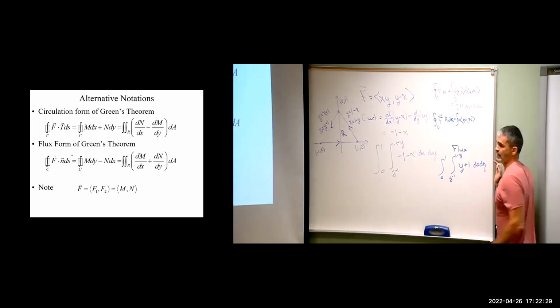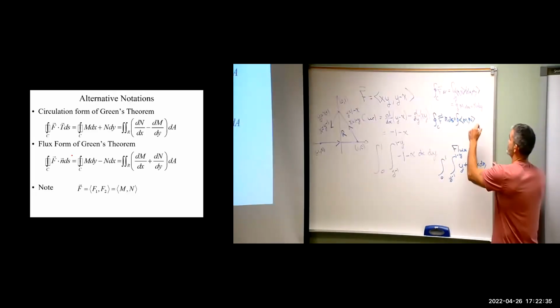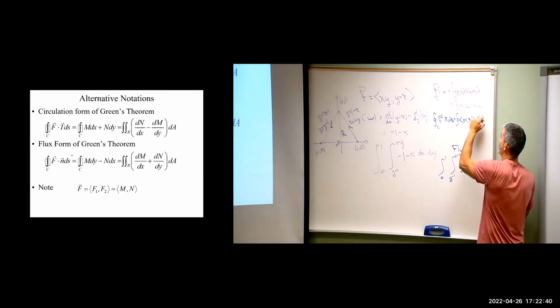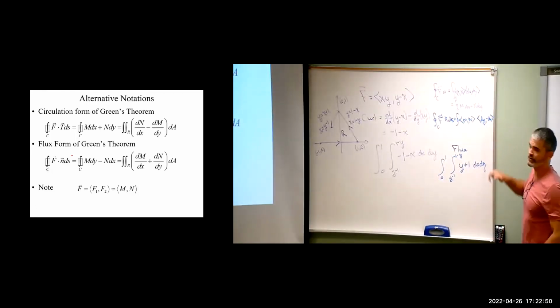It's the same exact vector field, but we're dotting it with the normal vector. Now, how do we get the normal vector? We flip these: dy, comma, negative dx. That's the normal.